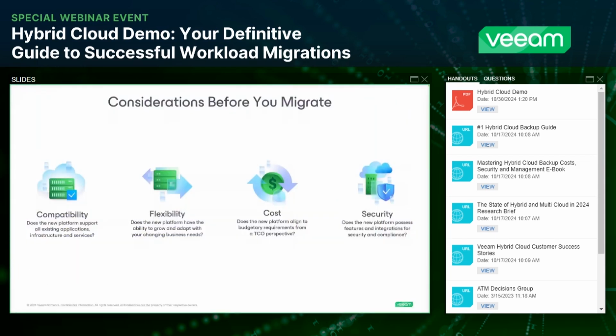So there's a number of considerations that you need to make before you migrate. And I do want to point these out because not all environments are created equally. So compatibility is the first one. Does the new platform support all your existing applications, infrastructures, and services that you utilize right now?